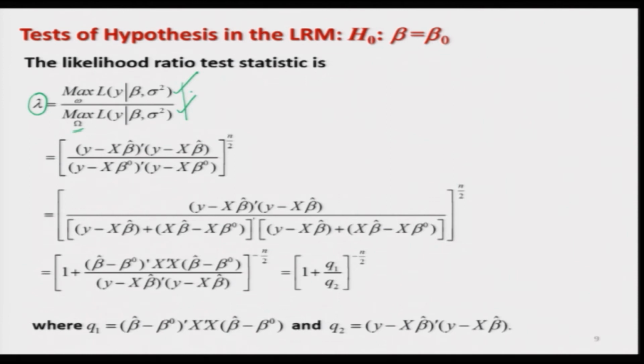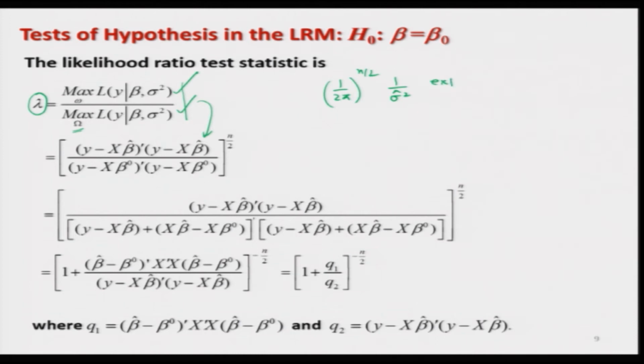You simply substitute them here. So, you can see here that the quantity was coming out to be 1 upon 2 pi to the power of n by 2, and then 1 over sigma square hat, right.